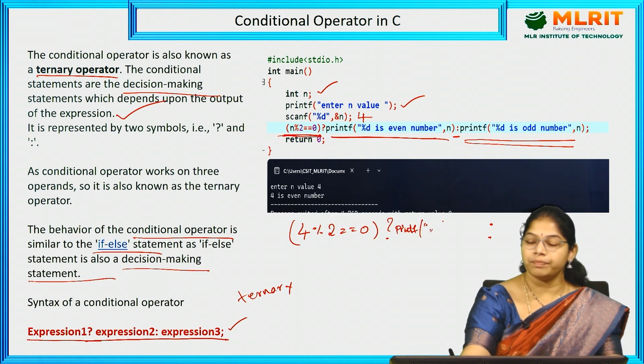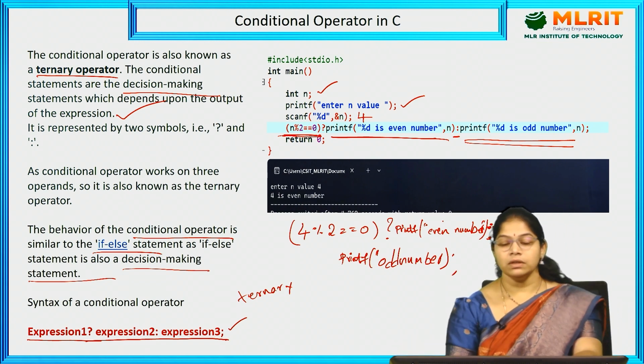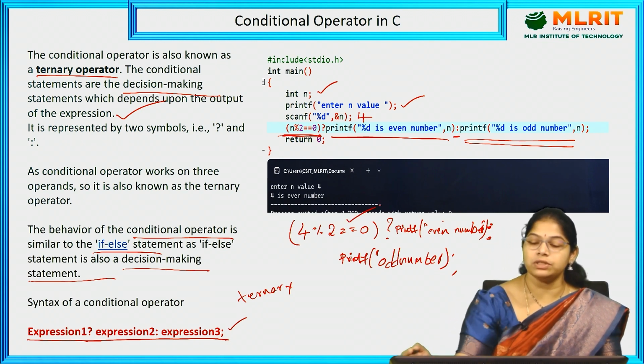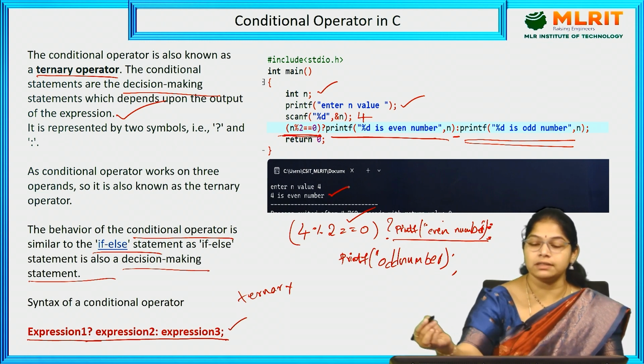Printf even number, this is the true part, and a false part, printf odd number, and these are separated by a colon. Here we have a colon. So n value is 4, 4 mod 2 equal to 0. Yes, expression is true. So the control goes to true part and it prints 4 is an even number.